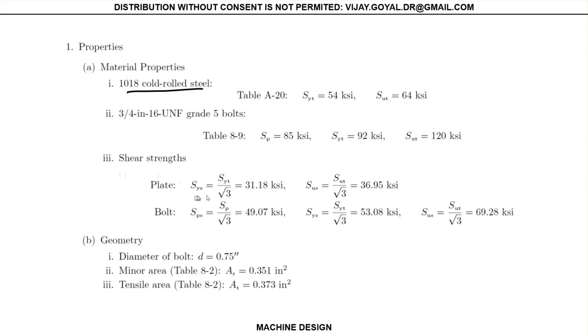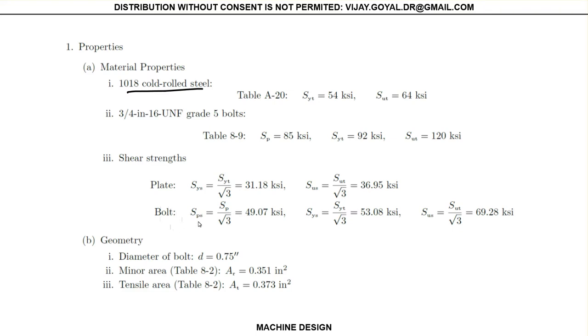The shear strength for your plate, when that information is not available, you just divide by square root of 3. This comes from distortional energy theory and is widely used. So just divide by square root of 3 and that gives you this value.